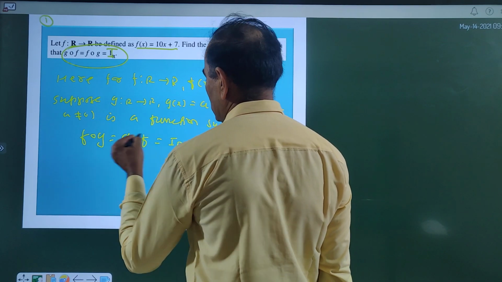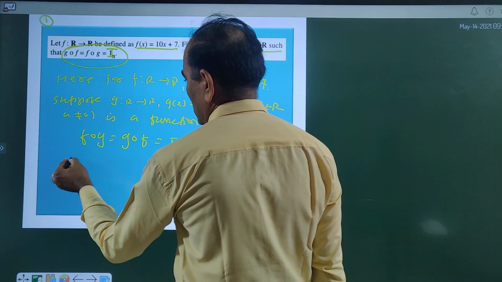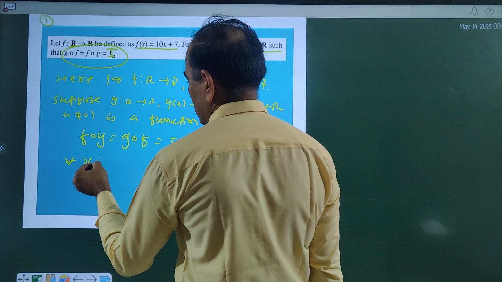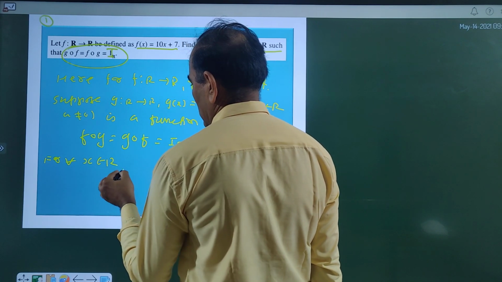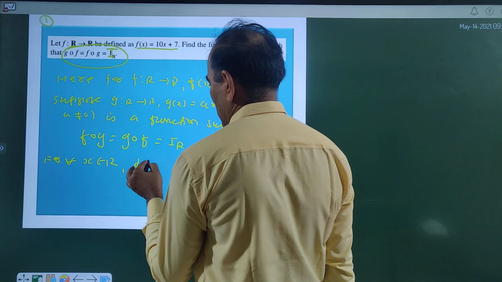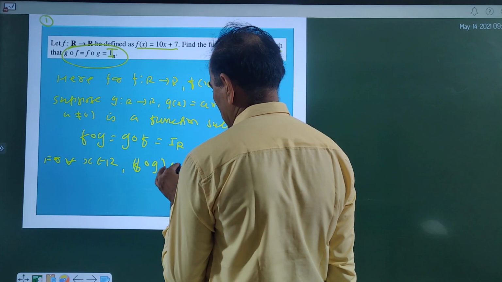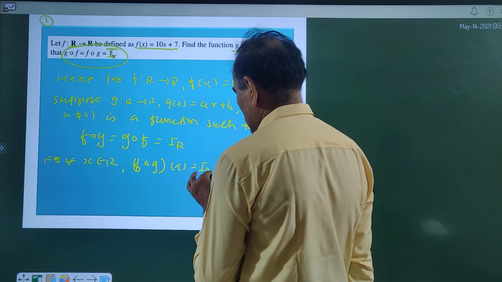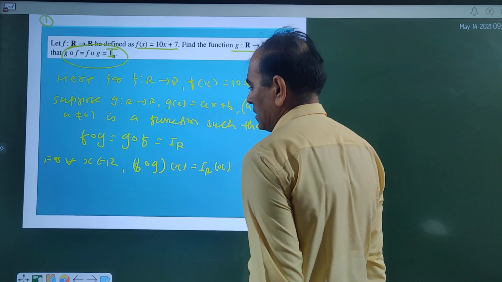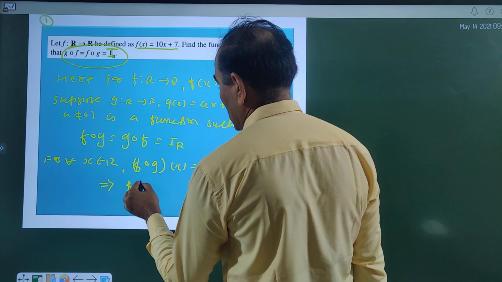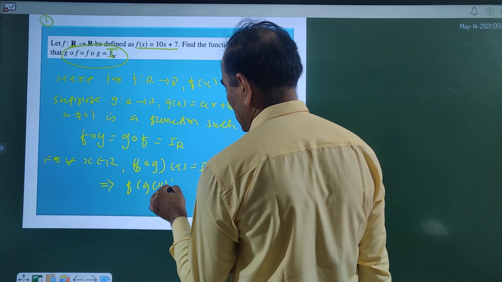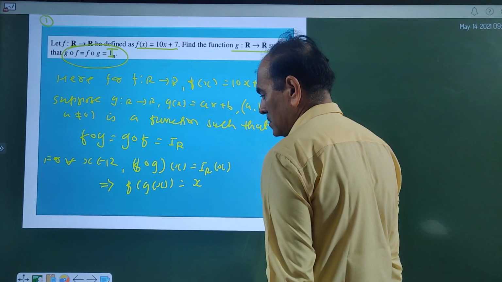Now let us use f of g is equal to I_R first of all. Now for all x belongs to R, f of g at x is equal to identity at x. That is, f of g of x is equal to x.